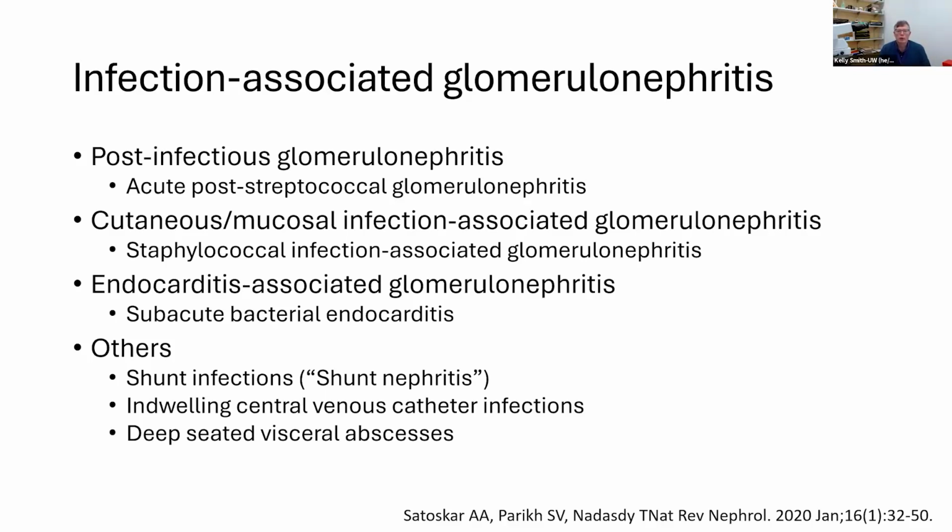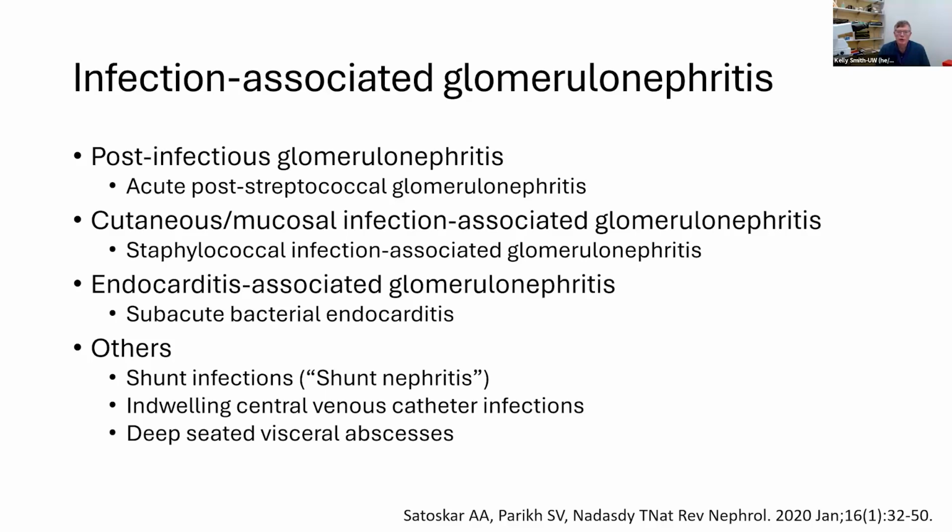The post-infectious glomerulonephritis is essentially like the first case that we saw, with an acute post-streptococcal infection being the prototypical clinical case for this entity. Another glomerulonephritis that we didn't discuss is a cutaneous or mucosal infection-associated glomerulonephritis, and these are oftentimes due to staphylococcal infections.